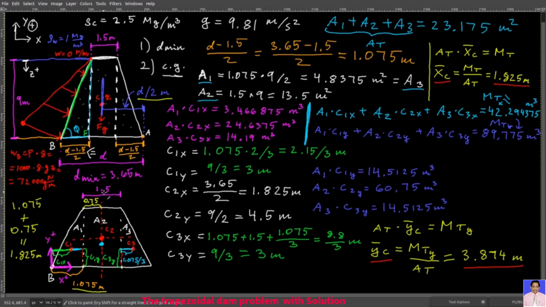Horizontally, it's in the middle of this trapezoidal cross-section, but vertically, it's in between C2 and the C1 and C3 points. Because remember, C2 was 4.5 meters, C1 and C3, they were 3 meters, and so it's logical that your total Y bar C is in between them, so it's 3.874 meters.